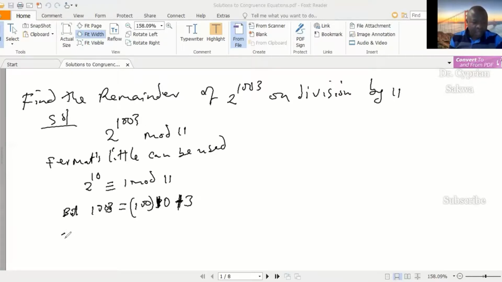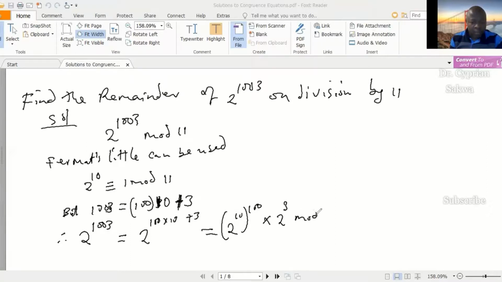Therefore, 2 raised to 1003 can be written as 2 raised to 100 times 10 plus 3, which is the same as (2^10)^100 times 2^3 mod 11.